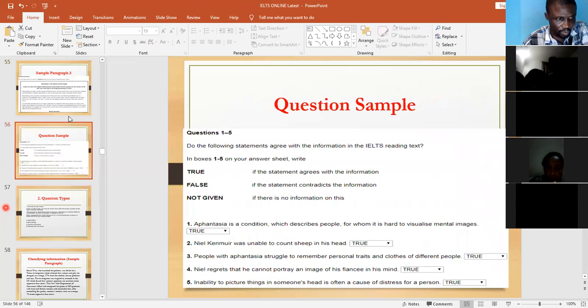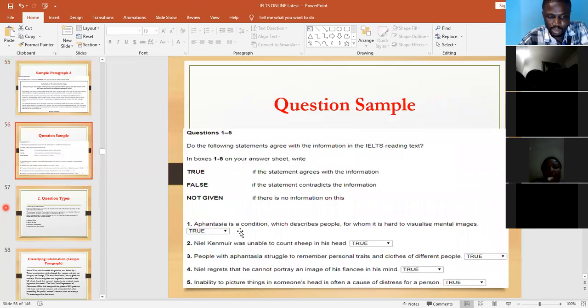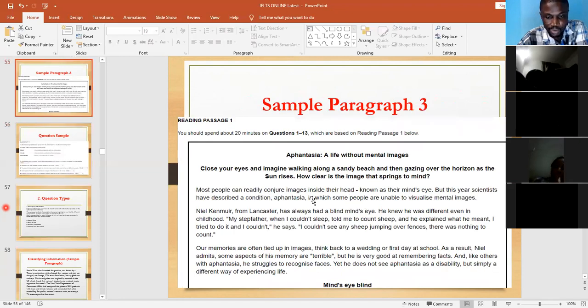Okay, look at this passage, the one we read about aphantasia the other time. Now this is question 1. It says, aphantasia is a condition which describes people for whom it is hard to visualize mental images. According to the paragraph that we read, it said, aphantasia, in which some people are unable to visualize mental images.